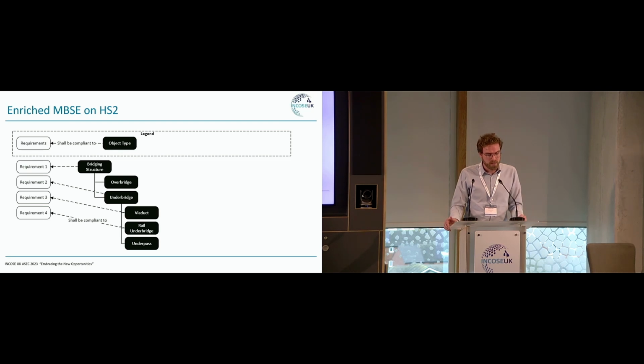In the case of a viaduct, the requirements of a viaduct were a collection of the viaduct, underbridge and bridging structure requirements. So that was the approach when it came to developing a library, a set of information with requirements that we can then apply across all our assets.